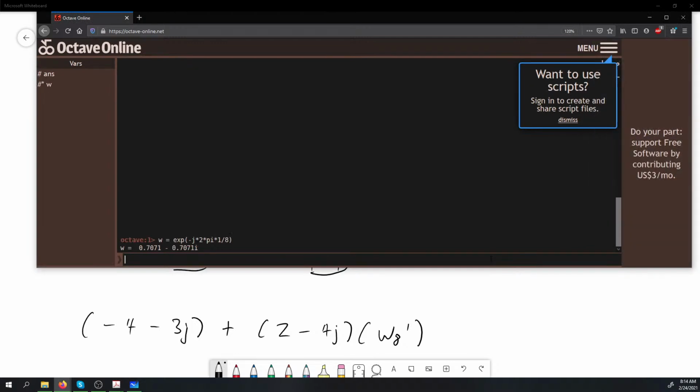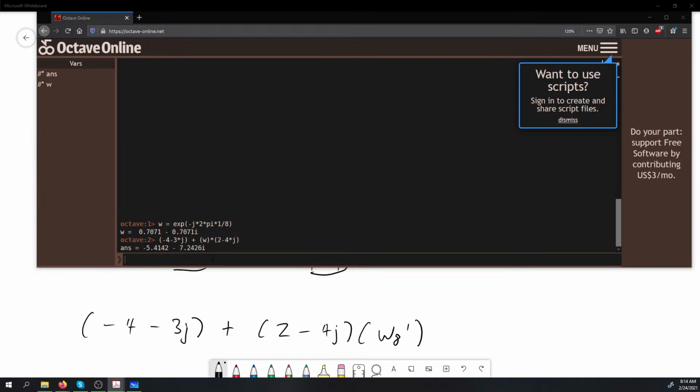So then we can just type in our equation here, being minus 4 minus 3 by j, add W by 2 minus 4 by j. And you can see here that we get our calculation giving us the correct value for the output of the butterfly diagram. I'm just going to check my answers here to make sure that was correct. Yes, that was correct too.